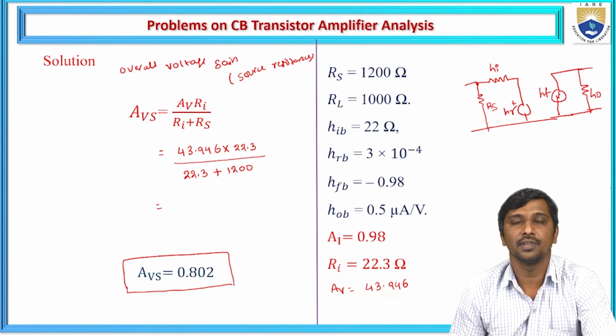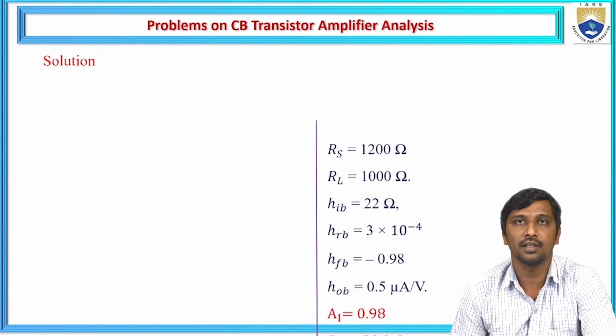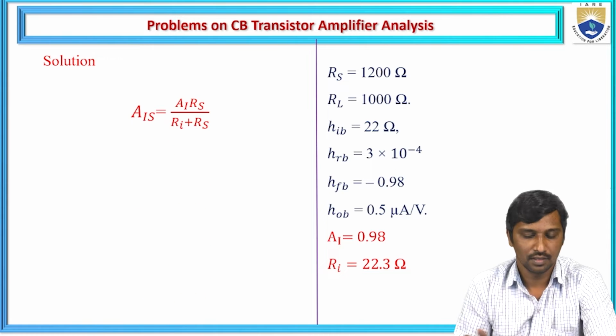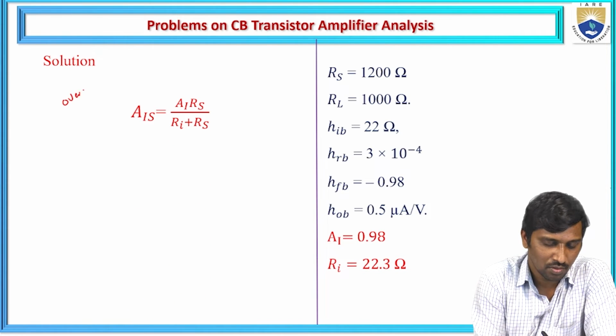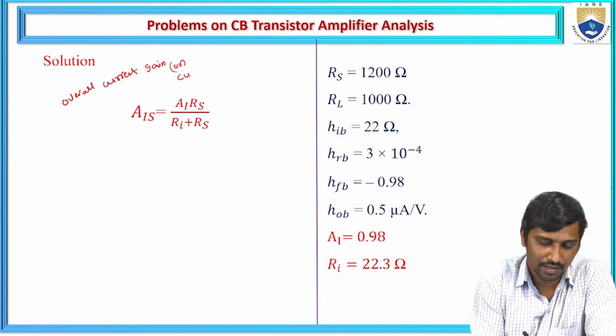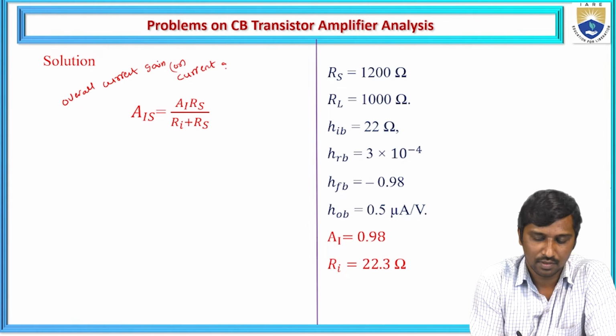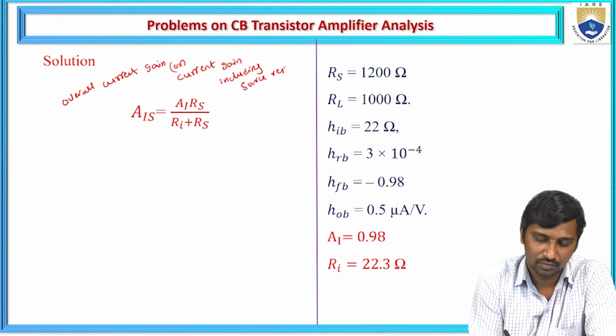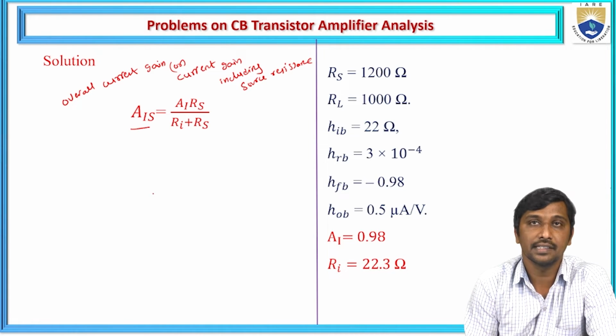So similarly, we need to calculate the overall current gain, or it is also called the current gain including source resistance, and it is represented as Ais.